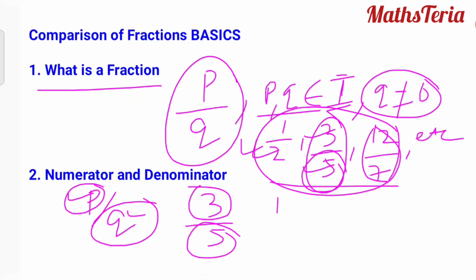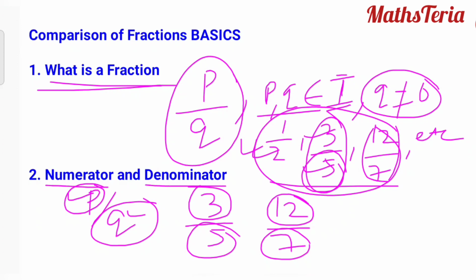Again, in 12 divided by 7, 12 is the numerator and 7 is the denominator. Hence, we learned what is a fraction, what is numerator and what is denominator.